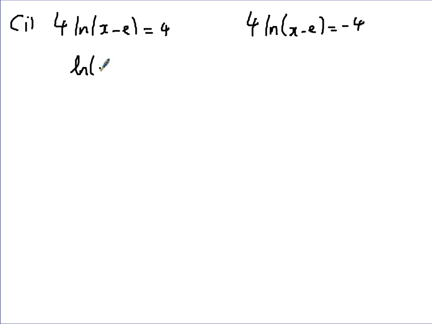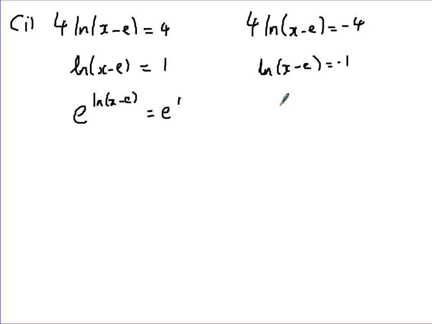So we've got ln(x − e) equals 1. We are then going to exponentiate both sides. So do the same thing here. We'll just work through them all in similar stages.